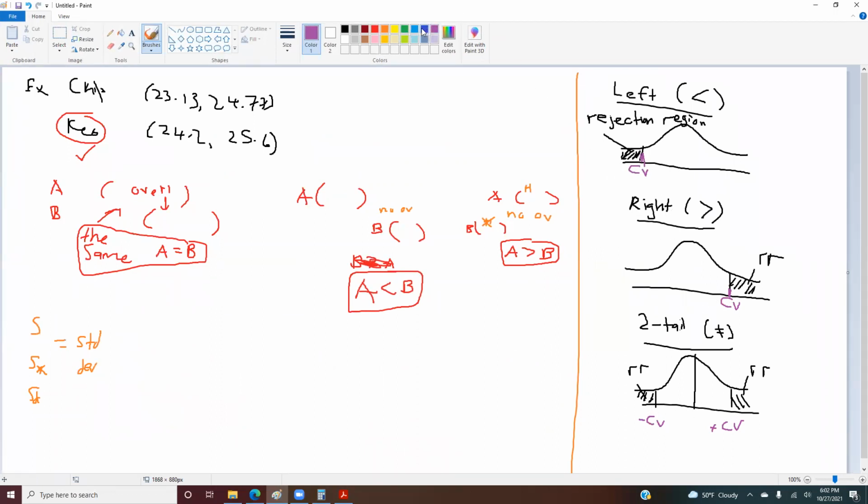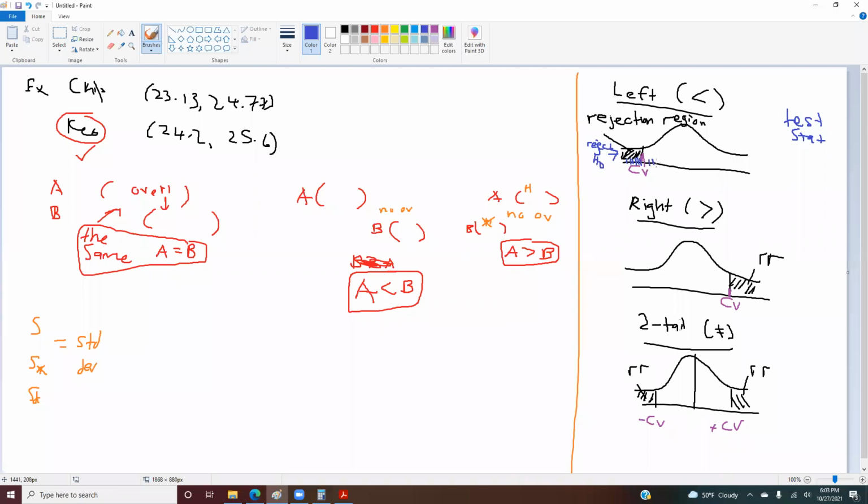And then we have something called the test statistic. A test statistic is a value that belongs to a place on this x-axis. If your test statistic falls inside this rejection area, then you have to reject your null hypothesis.